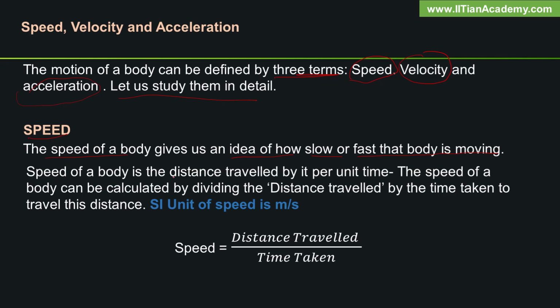Speed of a body is the distance traveled by it per unit time. The speed of a body can be calculated by dividing the distance traveled by the time taken to travel this distance. Formula for speed is distance traveled divided by time taken.